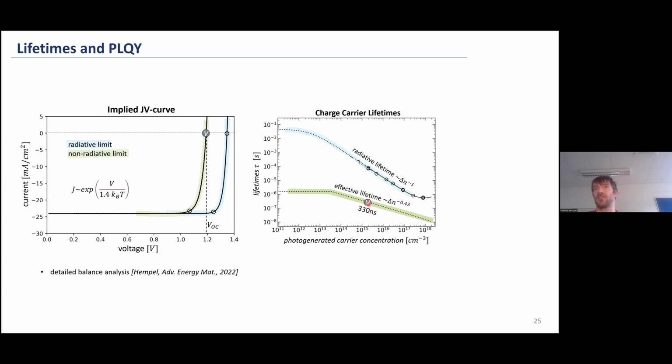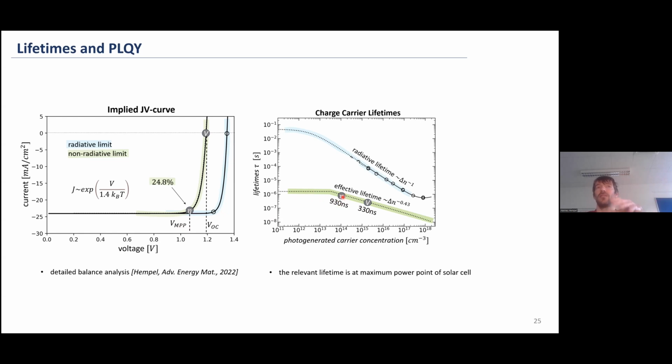For the VOC in this sample, the relevant lifetime is 330 nanoseconds. At the maximum power point, the lifetime is a little larger, 930 nanoseconds. I think that's a rather important message, because lifetime is not a fixed value; there can be very many lifetimes.